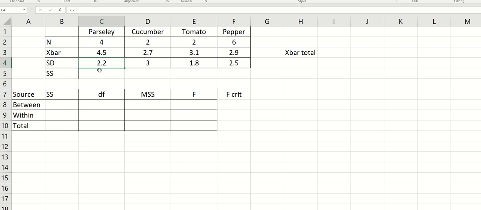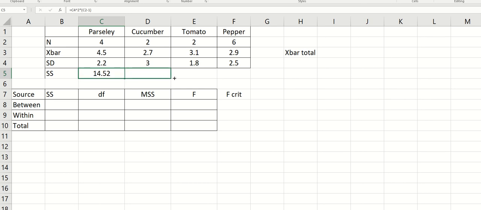So let's go back to our example. I'm just going to write a formula. I hope you see that I'm writing the formula right here. I'm going to take the standard deviation, square it, and then multiply with the number minus 1 so that I get the degrees of freedom. This is the sum of squares within parsley.